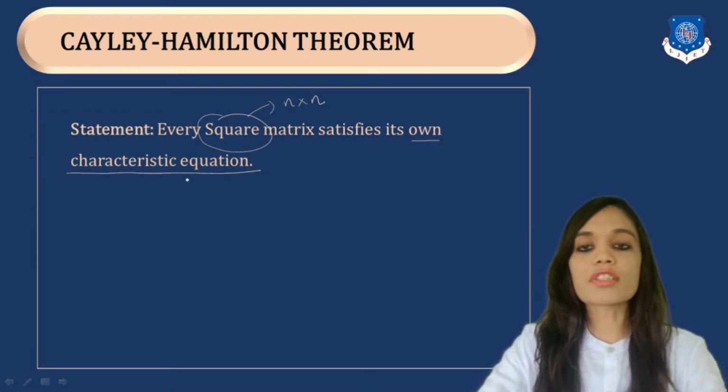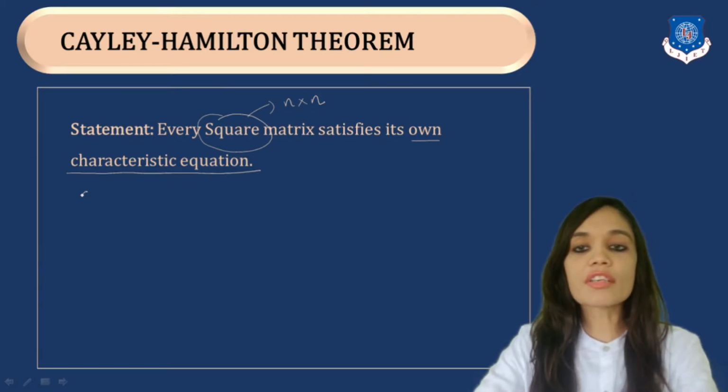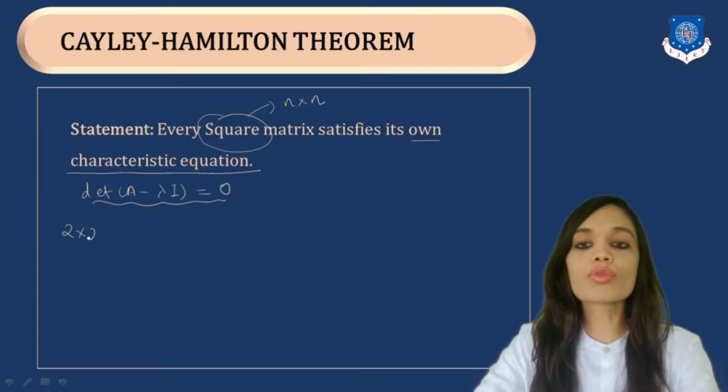In this, firstly we have to find the characteristic equation, which is given by determinant of A minus lambda I equals 0. This is the general form. Now suppose we want to use the shortcut technique for order 2 cross 2.